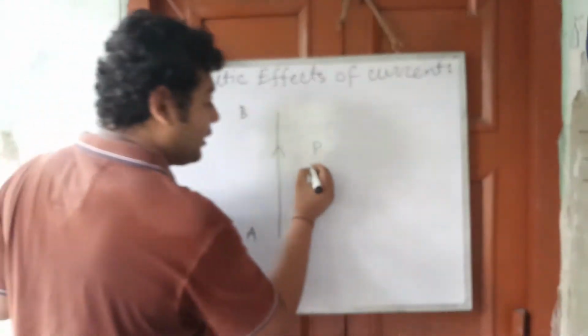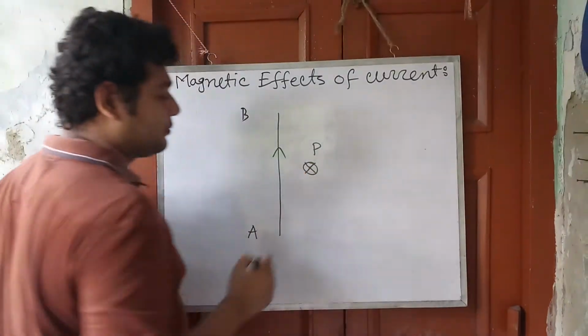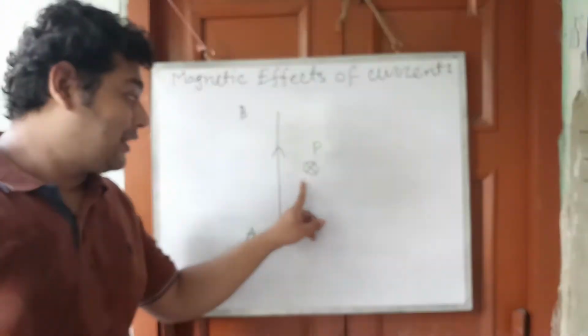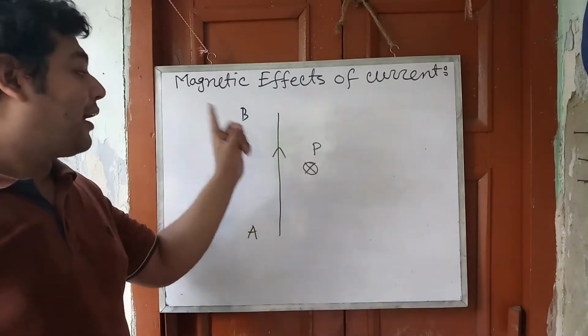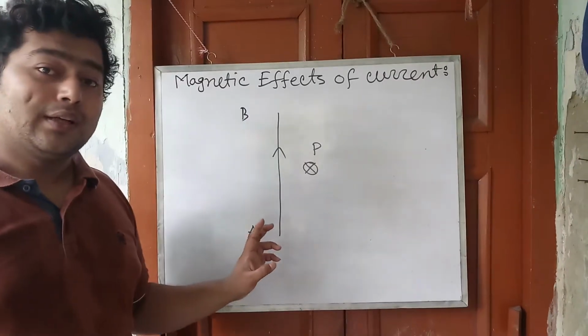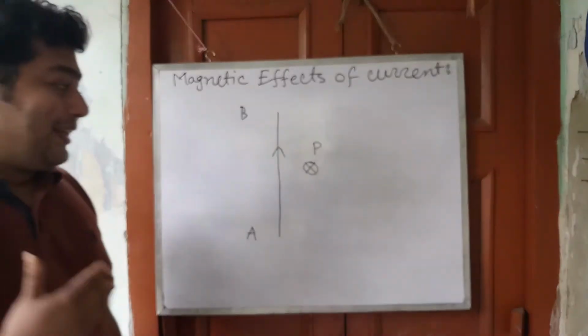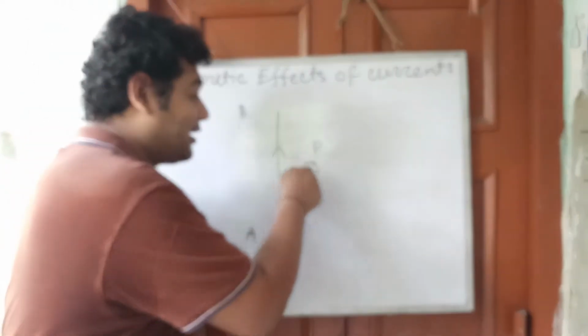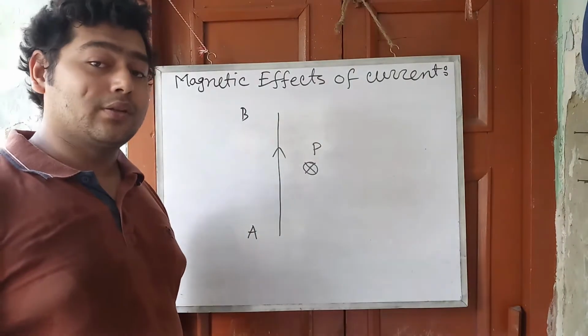So we can denote the direction as a cross. If the direction is into the board, we denote it as a cross.